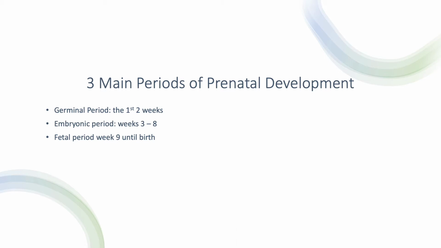There are three main periods of prenatal development that you need to know: the germinal period, the embryonic period, and the fetal period. The germinal period is the first 2 weeks of development. There's only about 16 cells, but it is the time when there is differentiation.